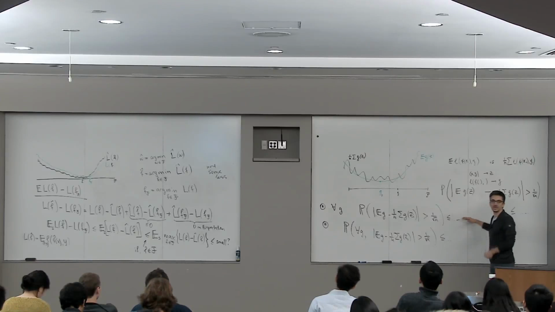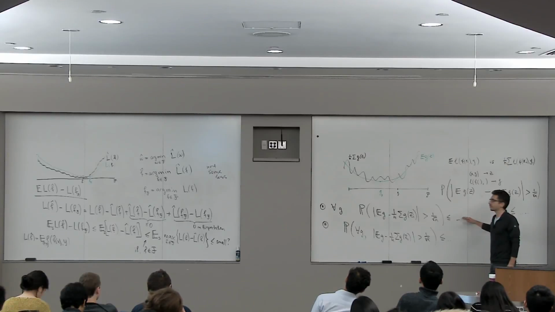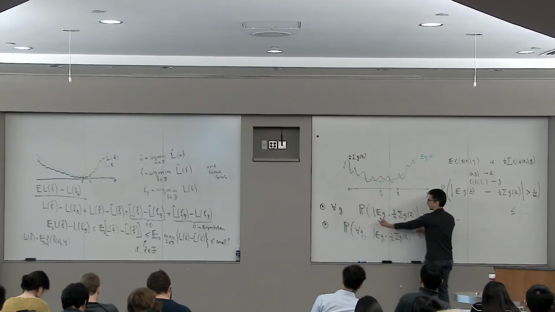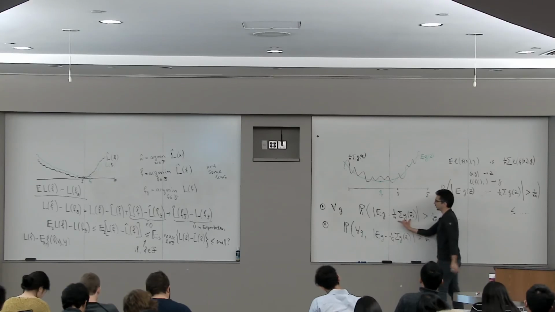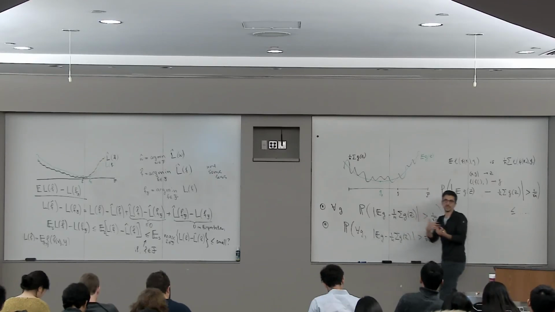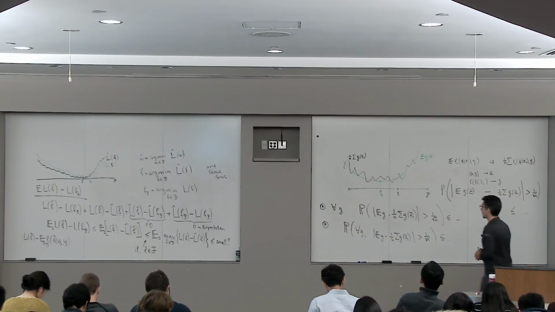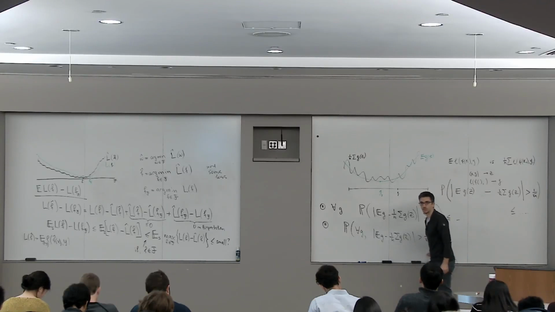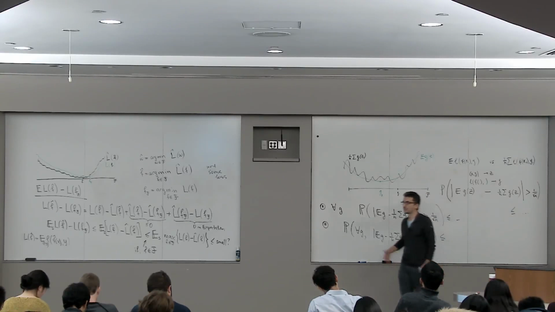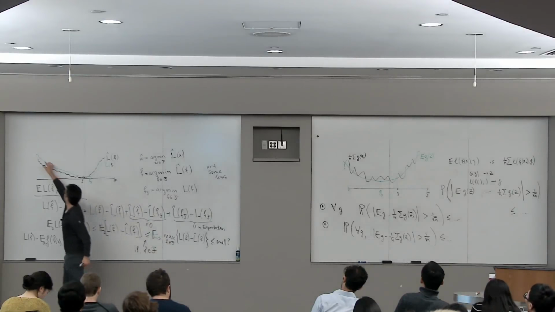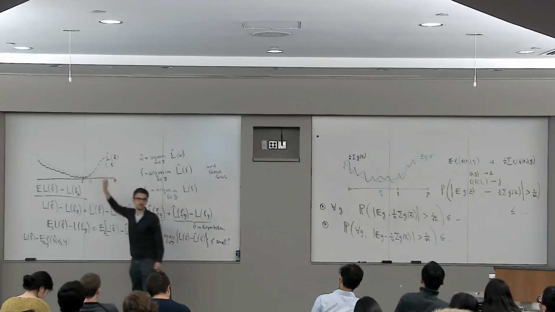One is just the central limit theorem. It says that for a fixed g, the fluctuation of the empirical average around the expectation is 1 over square root of n. The second one is much more harsh. The second one says, what is the likelihood that these two curves stay close to each other?